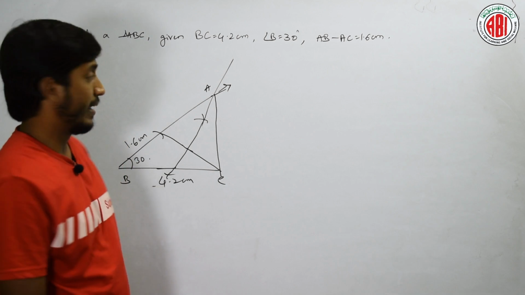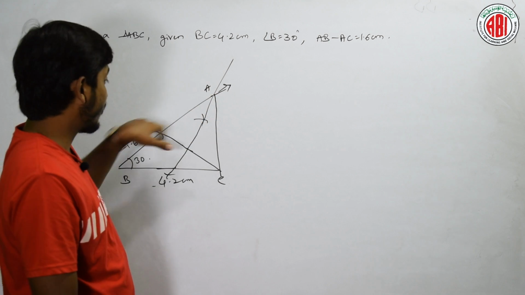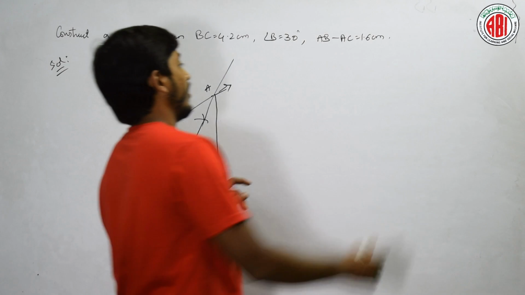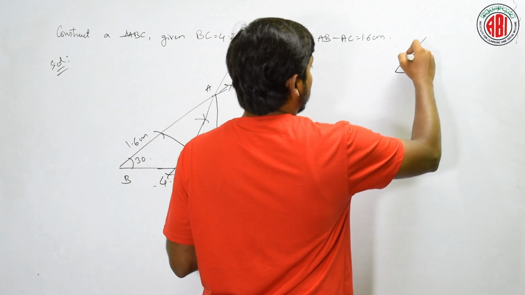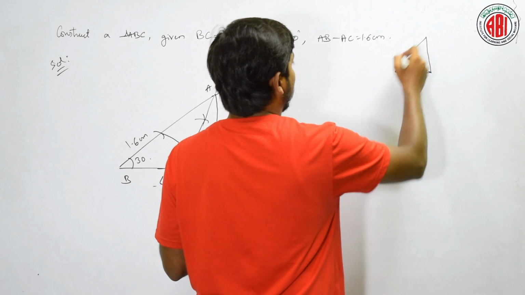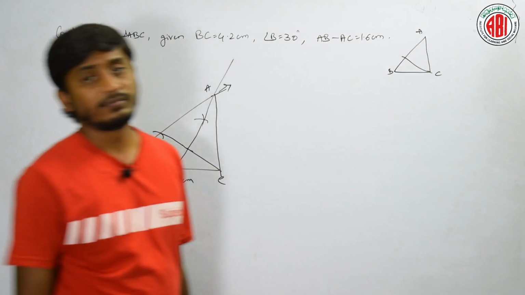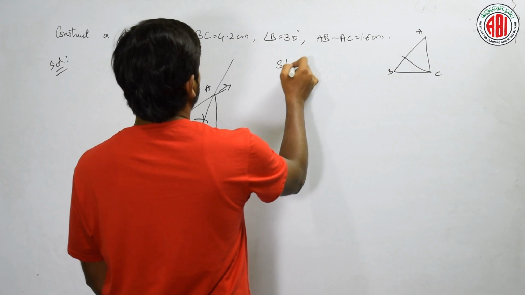Same thing, but before this was very large and this was very small. We got it opposite. Clear? Same thing. You can draw a same array. Then next, this will be our triangle ABC. This will be a middle one. Clear? Fine. Let us write steps now.